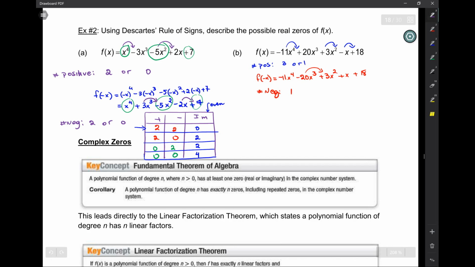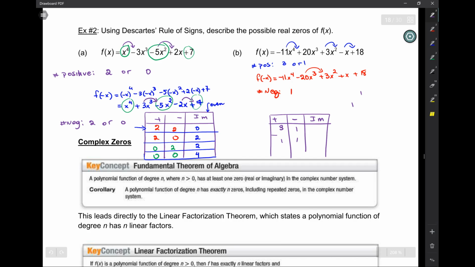So now I have 3, 1 with 1. So positive, negative, imaginary. We have to do something about it. Okay, 3, 1, 1, 1, right?